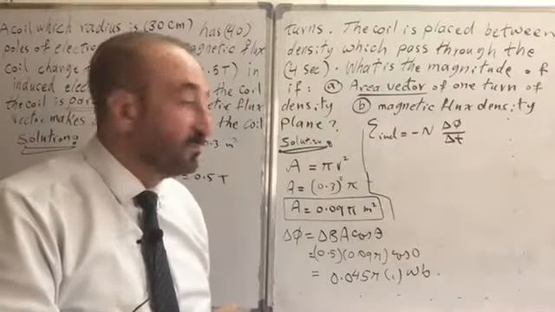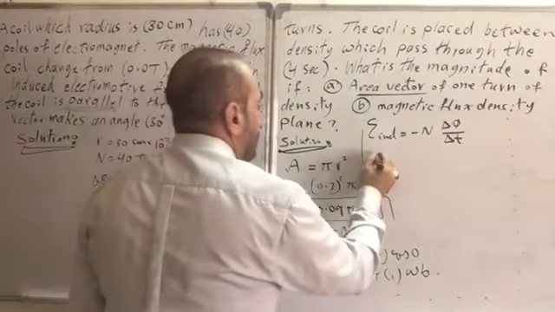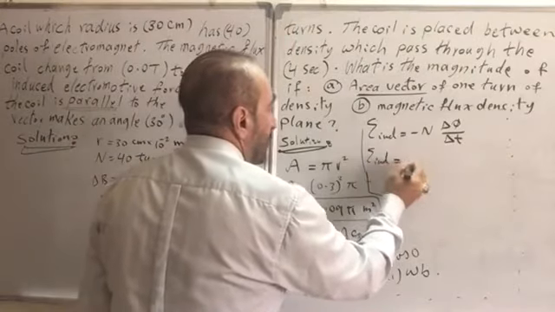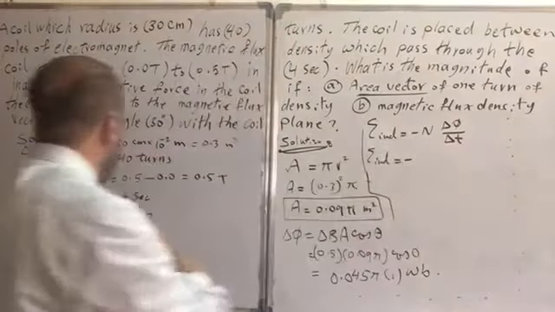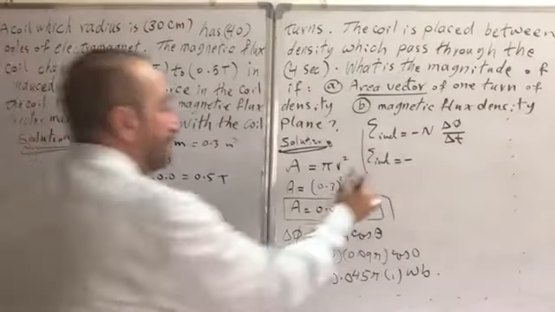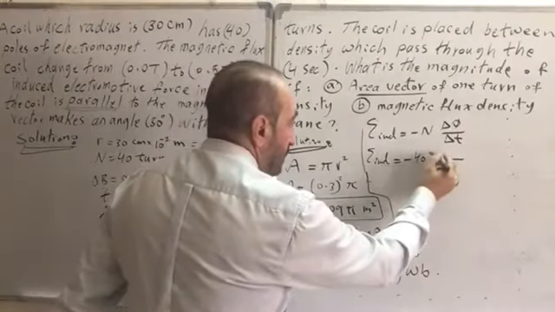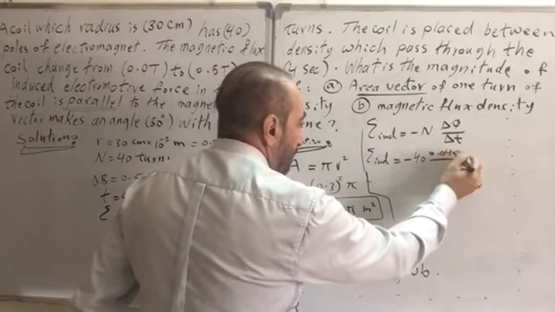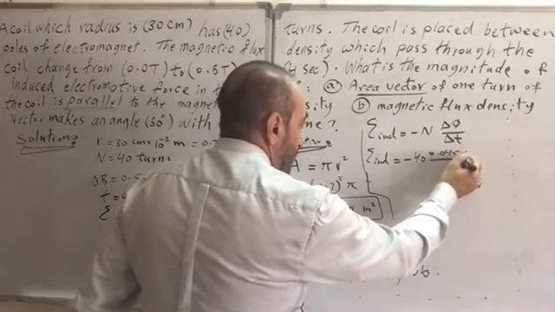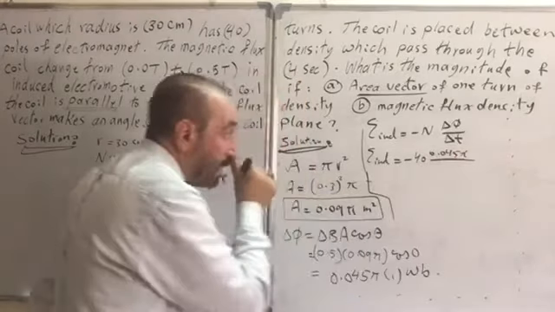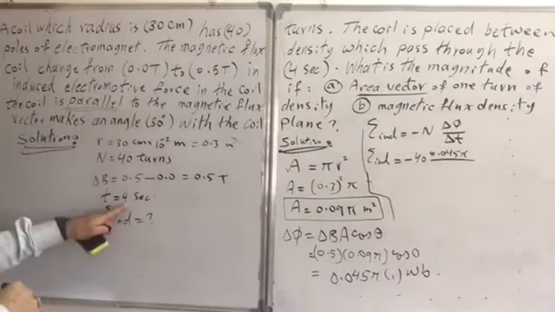E induced equals minus n, the number of turns, 40, times delta phi, which is 0.045 pi, divided by the time, 4.